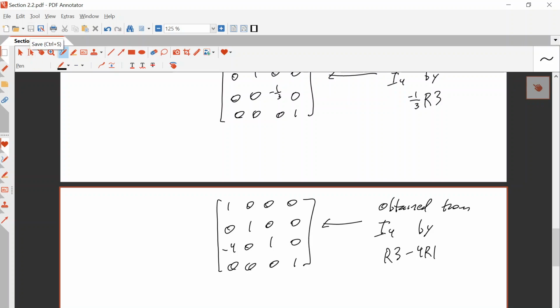Now the cool thing about elementary matrices is when you multiply a matrix on the left by an elementary matrix, it does that row operation to the matrix.